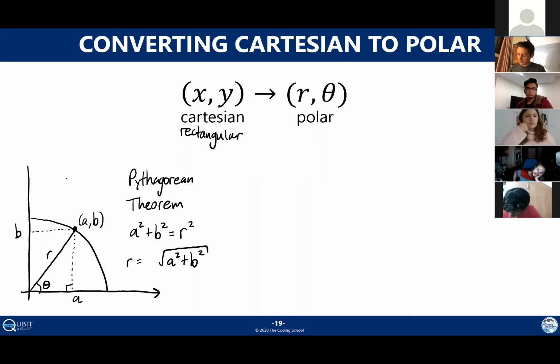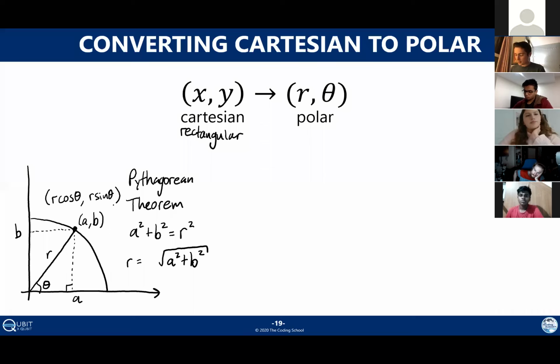It turns out, as I will describe in just a moment, that the x and y coordinates on a non-unit circle are just going to be multiplied by r. So the x coordinate becomes r cos theta, and the y coordinate becomes r sine theta. I'll explain this a little more on the next slide, but for now, let's just remember that this is the xy coordinates you get for a non-unit circle.